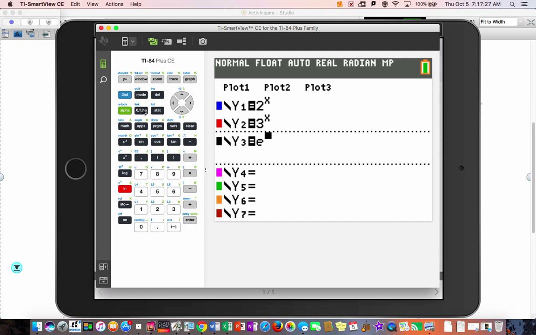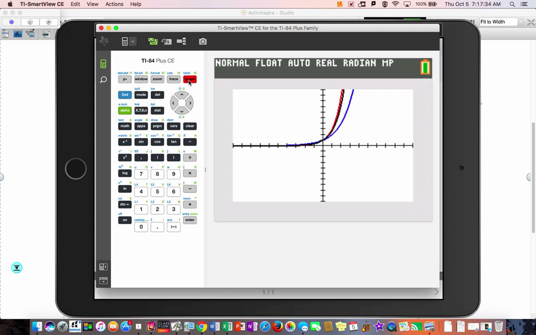So it's what it means. You can put e to whatever power. So I'm going to put an x in for that. And now when I graph it, what does that tell you? Well, it's between 2 and 3, but obviously it's closer to 3 than it is to 2 because it follows it so close.